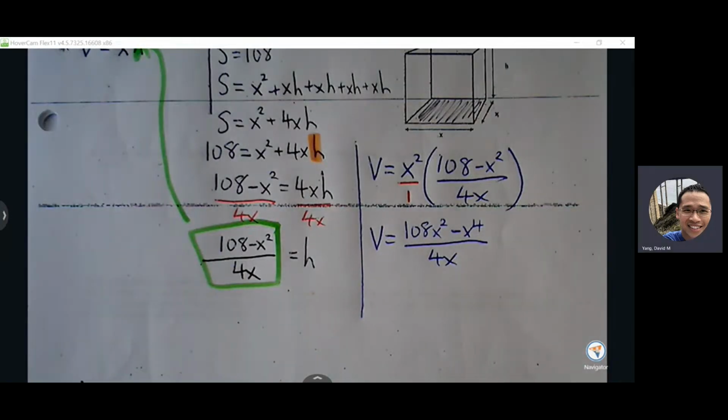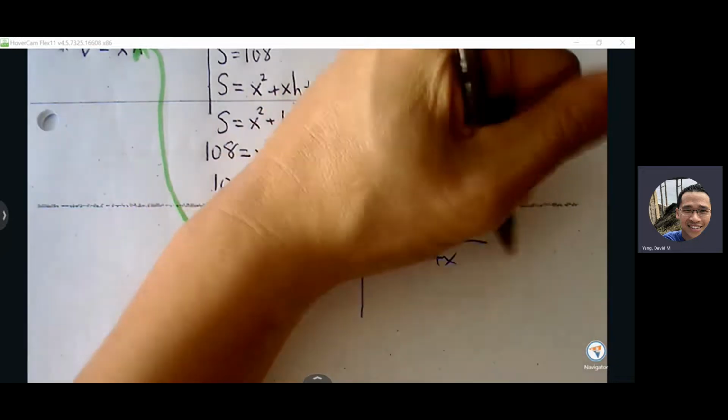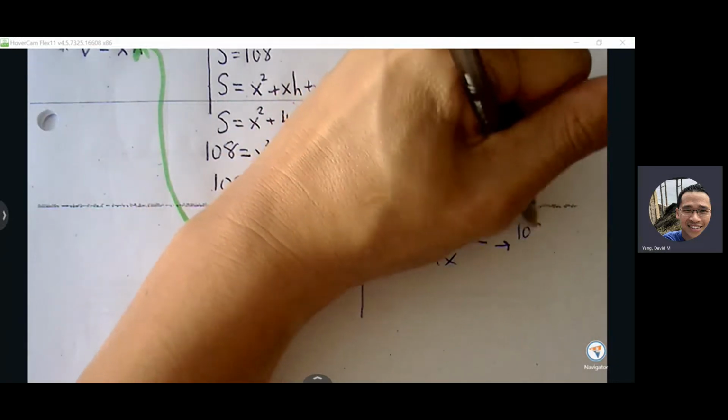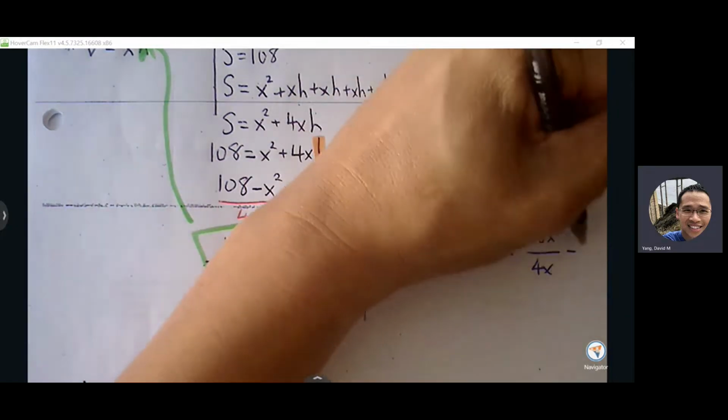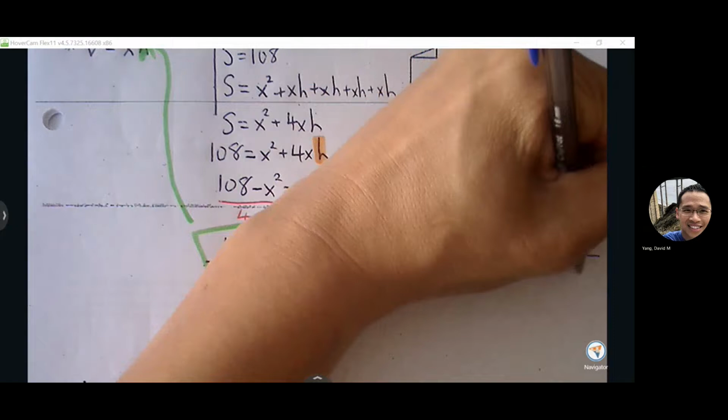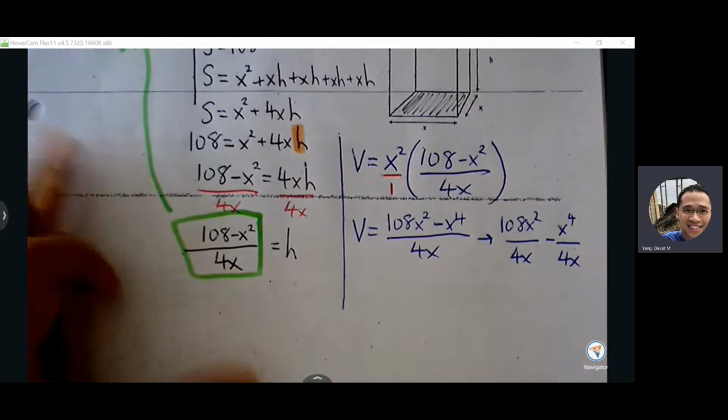I only have one term in the denominator, so I can split this up into what? Into 2 fractions. That way I can individualize each term and handle them independently.